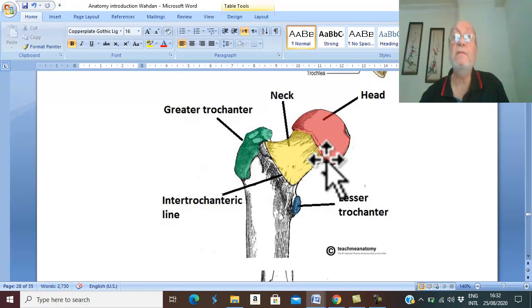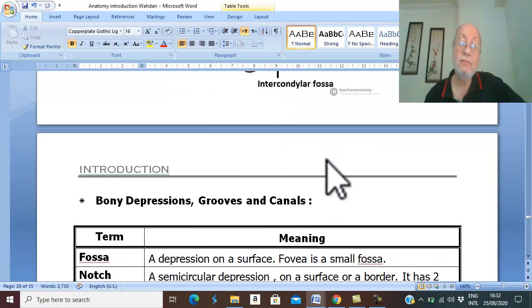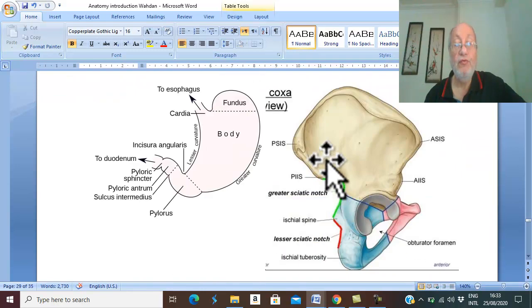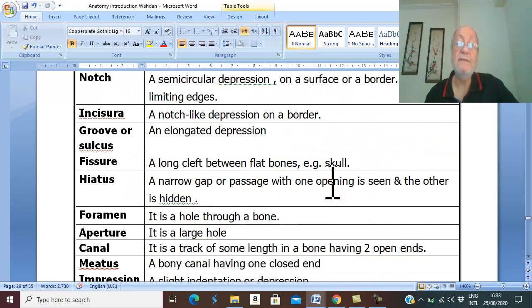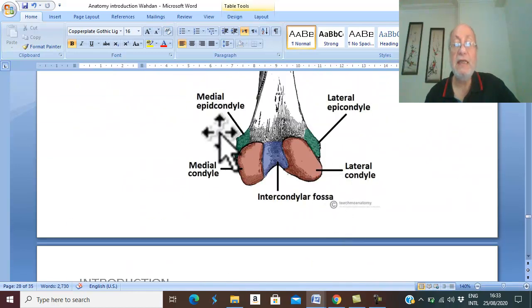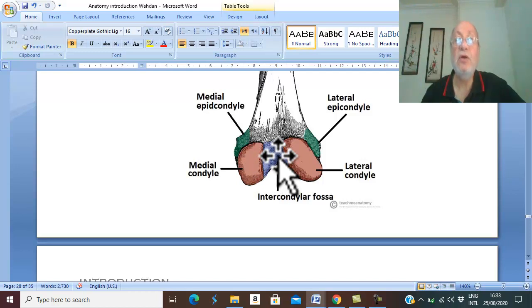Then let us take bone depressions, grooves, canals. First of all, fossa. Fossa is a large depression on the surface.